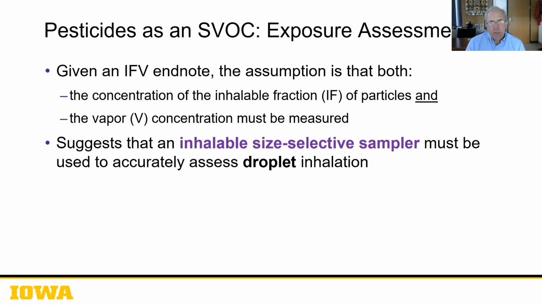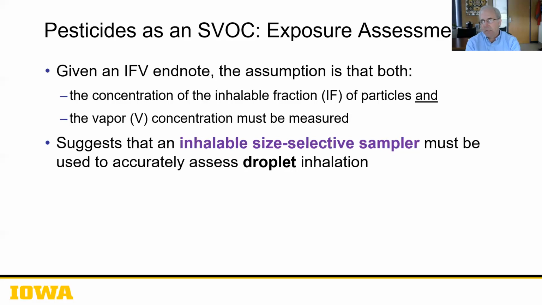The concentration of an inhalable fraction of particles and the vapor concentration must be measured. For those of you in industrial hygiene, you know that the word inhalable has a specific meaning. It is associated with what's called a sampling criterion of inhalable sized particles that can be inhaled into our respiratory system through the mouth.